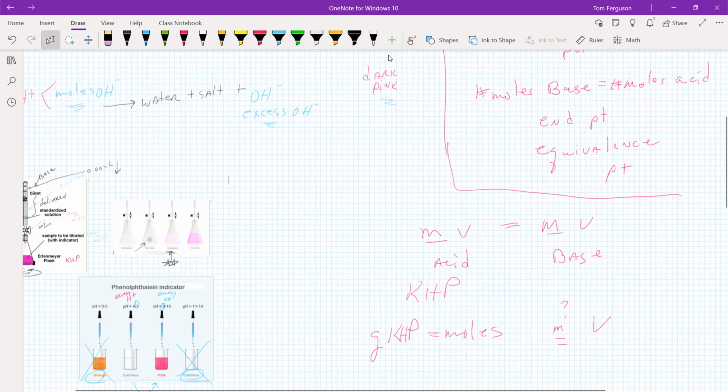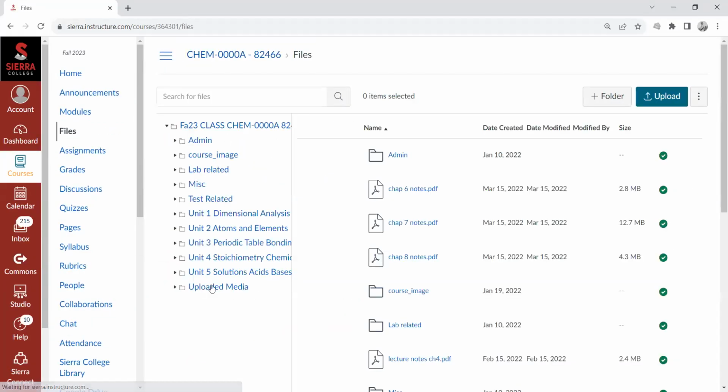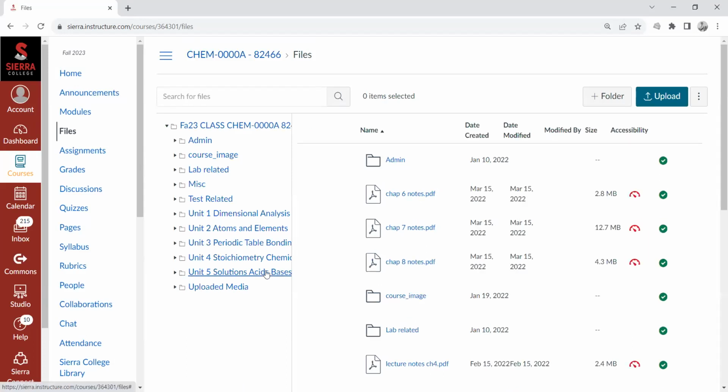Canvas. If we zoom over to Canvas again here. We go to Files. We go to Unit 5, Solutions and Acids and Bases.